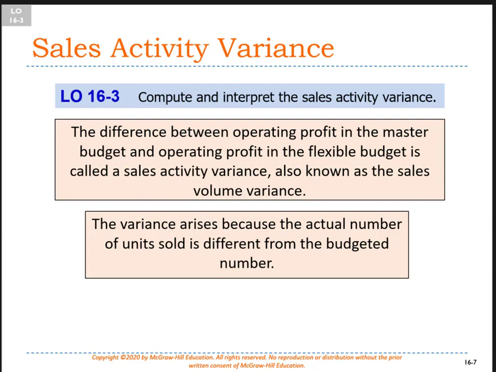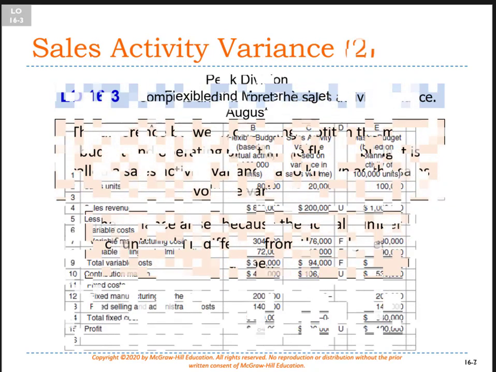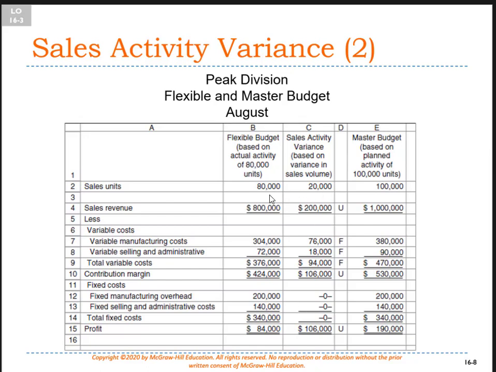That's because we've sold a different number than what we planned. We already noted that the master budget was 100,000 and the flexible budget is based on 80,000, because we want to match that. The variance is 20,000 units, which represents $200,000 of revenue, so we were down that much.